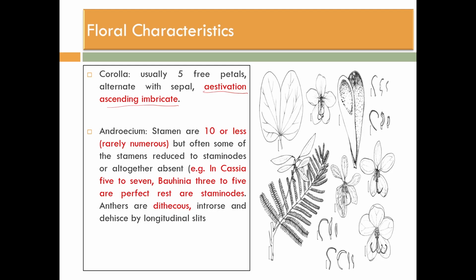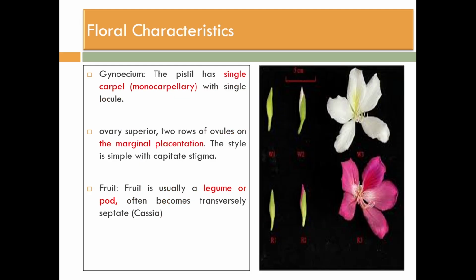You can see here in this figure the pinnately compound leaves, and these are the stamens, and this hook-like structure is the gynoecium. In the gynoecium, the pistil has a single carpel with a single locule, that is monocarpellary, and the ovary is superior with two rows of ovules on marginal placentation.